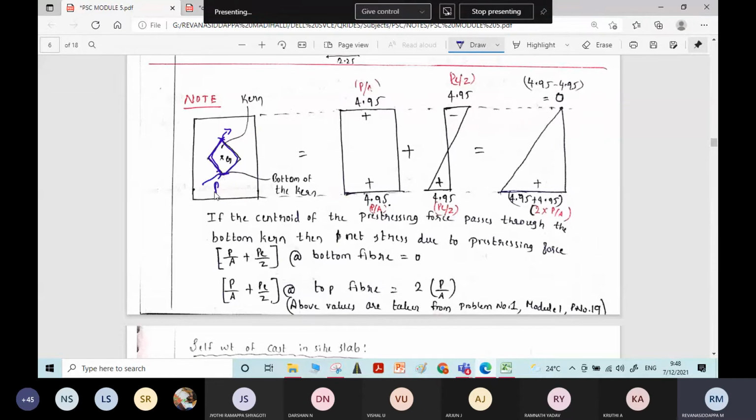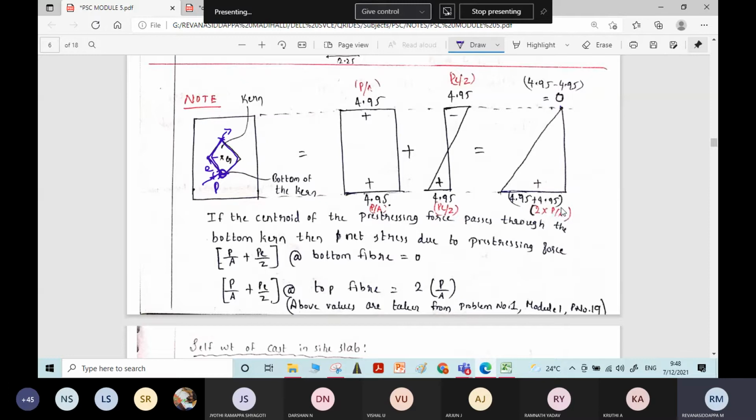Here the pre-stressing force is acting, means there is some eccentricity. But it is noted that when the pre-stressing force acts at the bottom of the kern, then the resultant stresses due to the direct stress P by A and the moment due to the pre-stressing force P by Z will be equal to 0 at the top fiber and 2 times P by A at the bottom fiber.